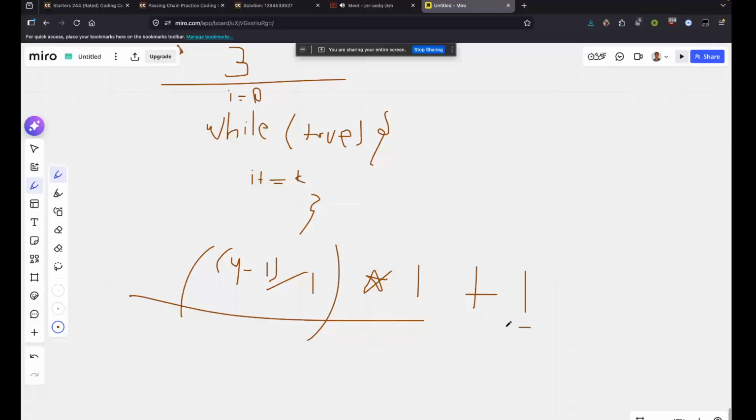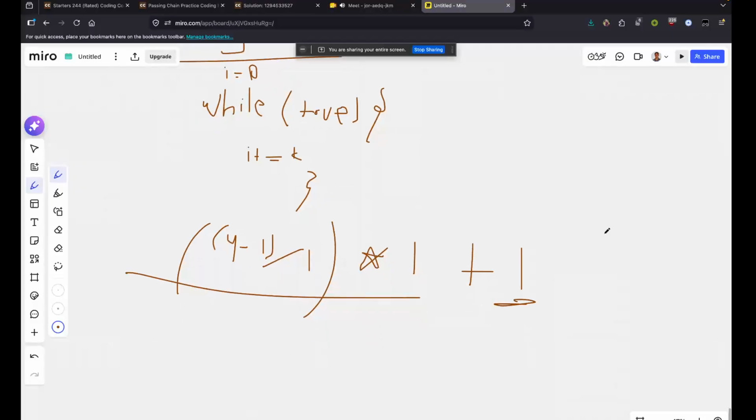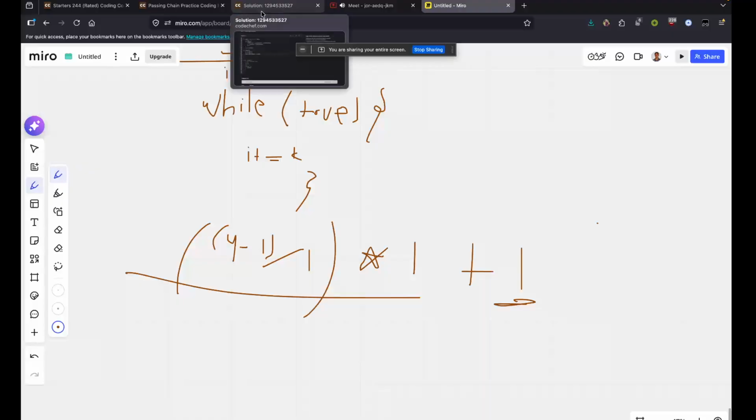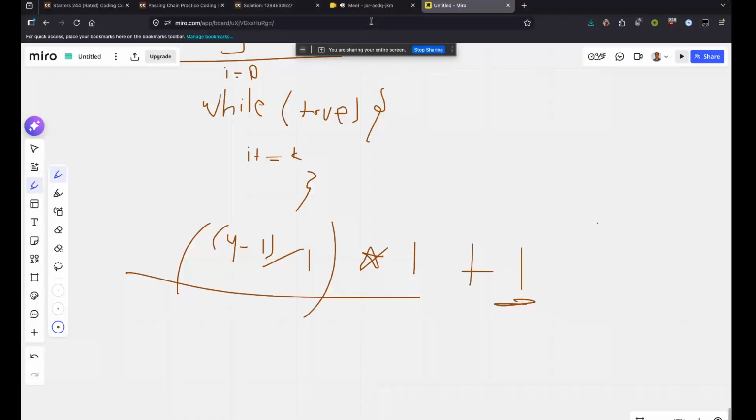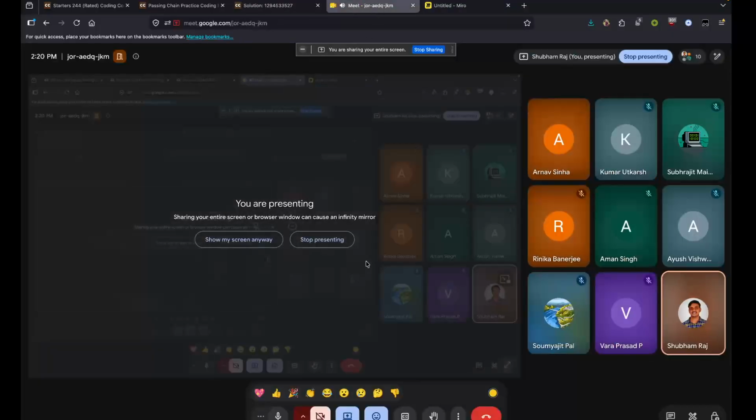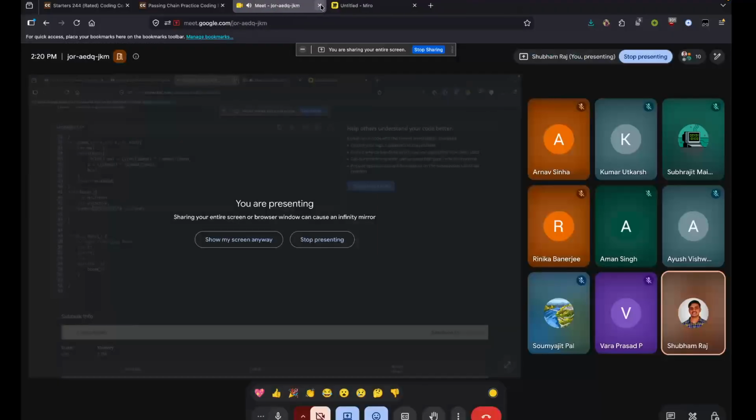That is why we are implementing it by one. So yeah, I am taking the wrong test cases. So I hope this is clear. Yes, bhaiya. Okay, let me close this.